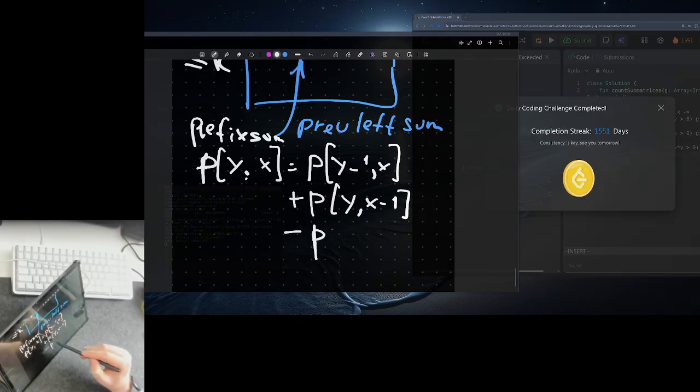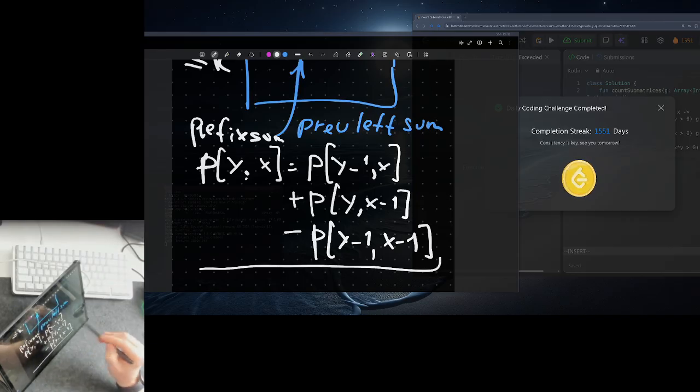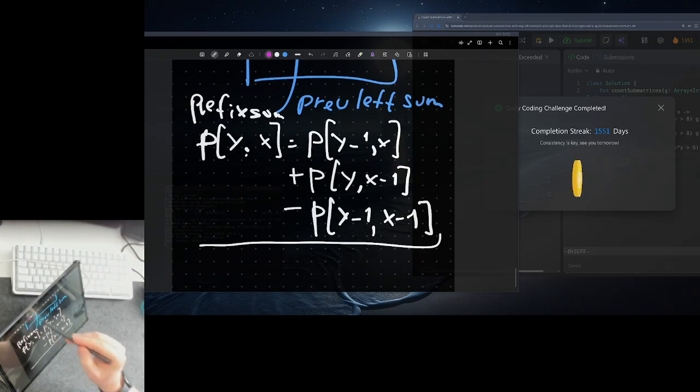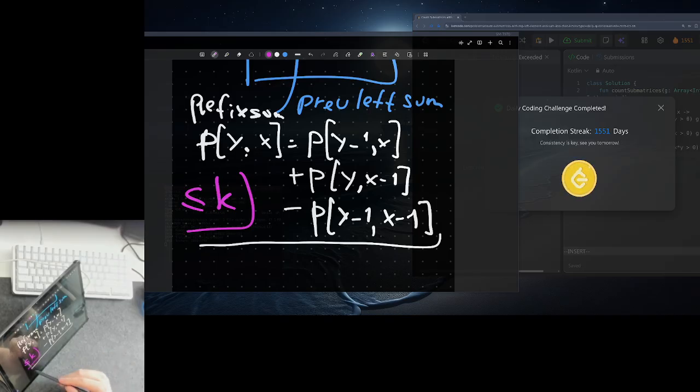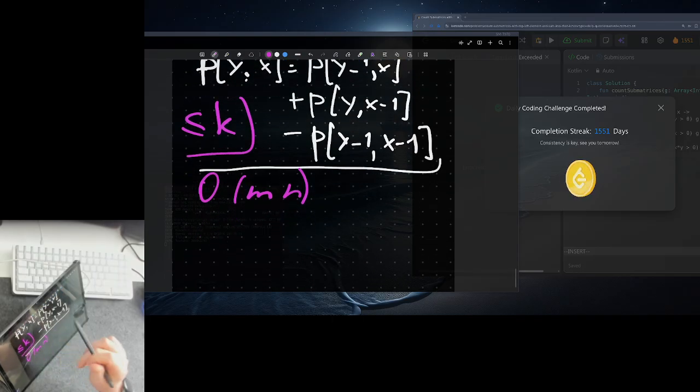The overlap is the prefix sum of y minus 1 x minus 1. So this is the entire formula, and then we have to check if it is less than k, and then we're done. The solution is O of m n, so the entire matrix should be checked.